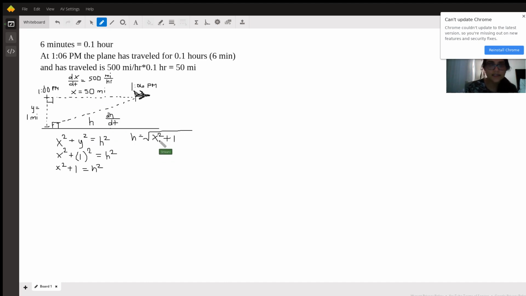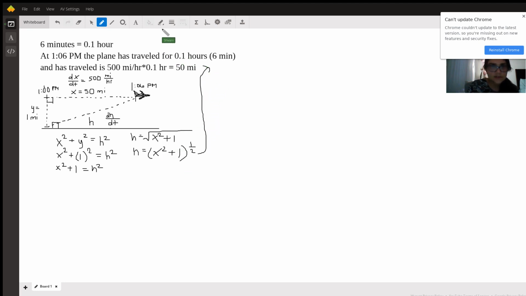But before we do that, let's first express this square root as a fractional exponent. So h would be x squared plus 1 raised to the 1/2 power. Now we can use the chain rule to determine dh over dx.